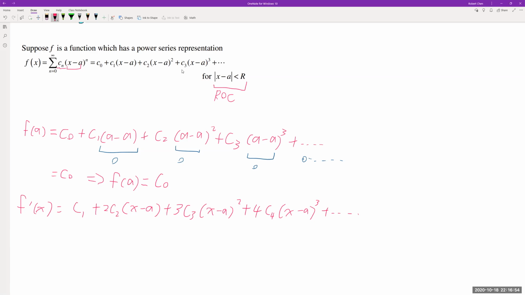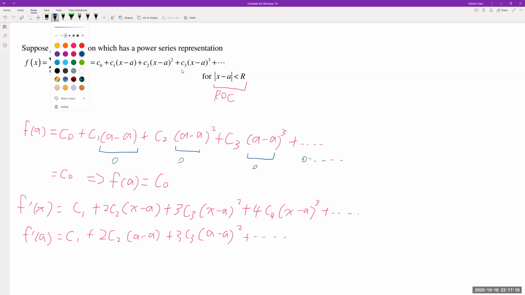Now if we look at f prime of a, we're going to have c1 plus 2c2 times (a minus a) plus 3c3 times (a minus a) squared, and so on. Then we get something similar to earlier, where we get a bunch of zeros with the terms that have x's in them.